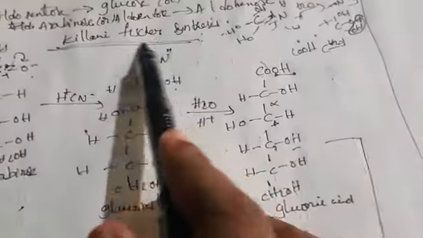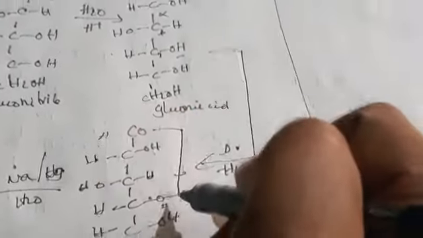Whenever we do hydrolysis for this group, it is converted into COOH. Next, when I heated this compound, there was loss of a water molecule and it forms a ring. Why? Because if I remove H here and H here, there will be bond formation.